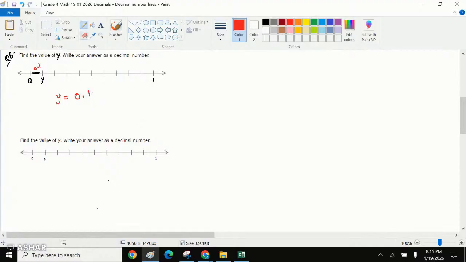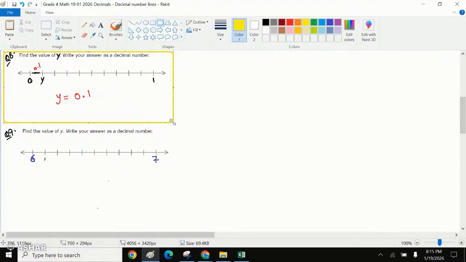Agreed? But in question number 9, if I change the starting number, if I say this was starting at 6 going to 7, starting at 6 and going to 7 would mean... Yes, thank you, Semi, that's correct.